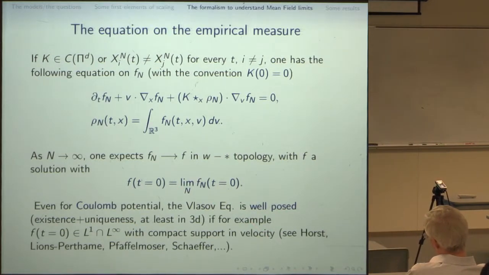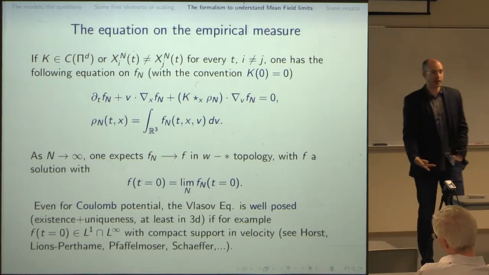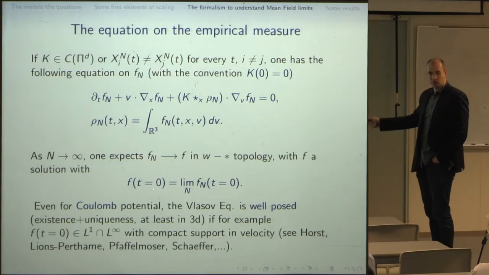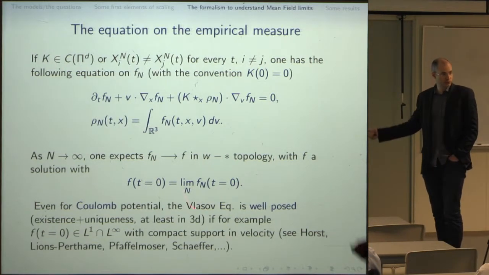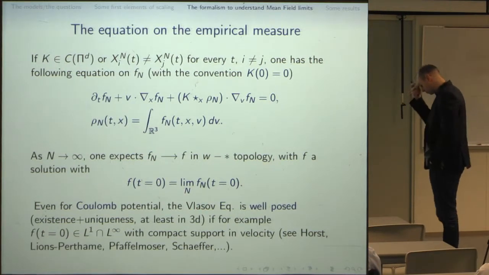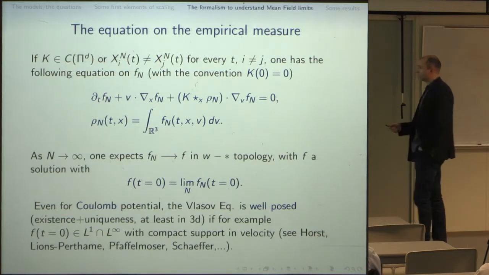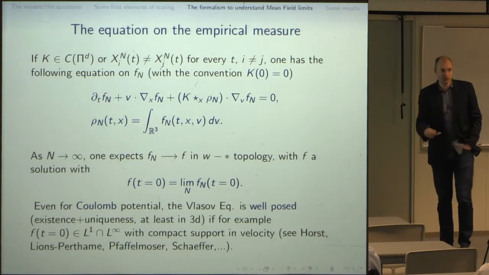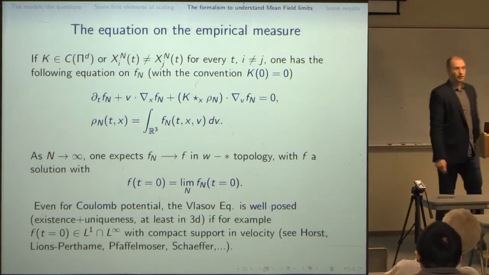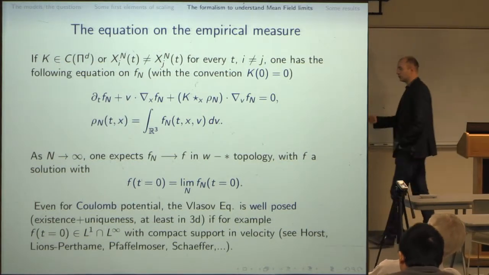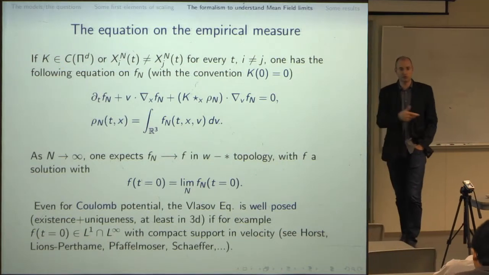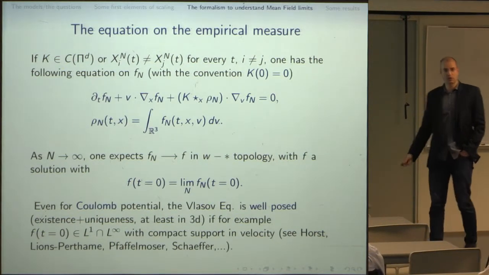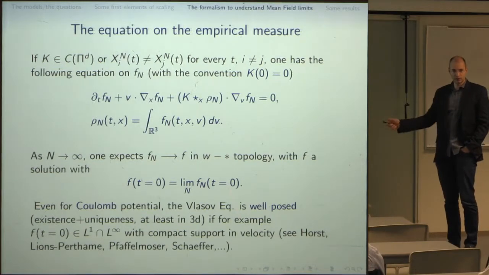The initial data, I chose them, so I can assume that I have a sequence of initial data such that the corresponding object has a limit, and then you want to show that this is true. And this is not too scary because at the continuum level, this is an equation that we understand fairly well now. In particular, in dimension 2 and dimension 3, you have existence, uniqueness, well-posedness, nice stability results. Everything is going well.